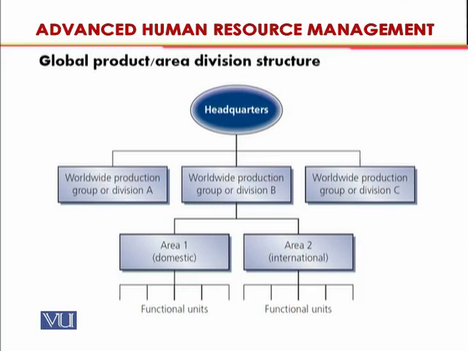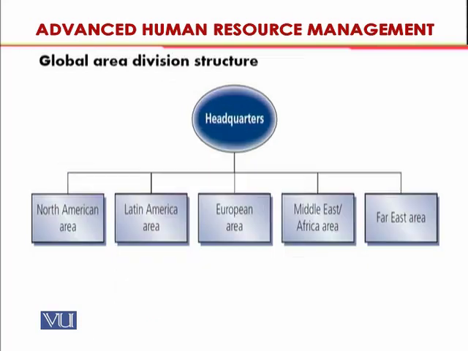In this diagram, you can see that area 1 is concerned with domestic sales and area 2 is concerned with international sales, and then under that there are functional units under each area operating in the domestic and international domain. But basically this diagram is showing you how a product division structure operates.